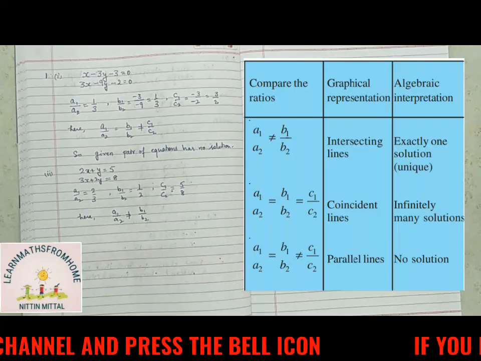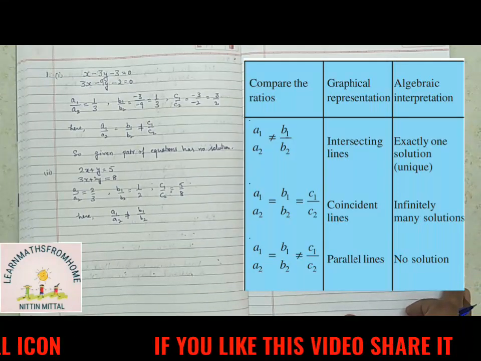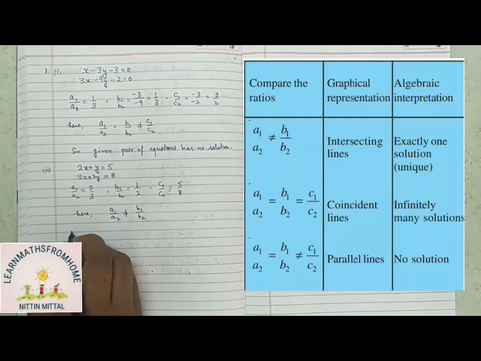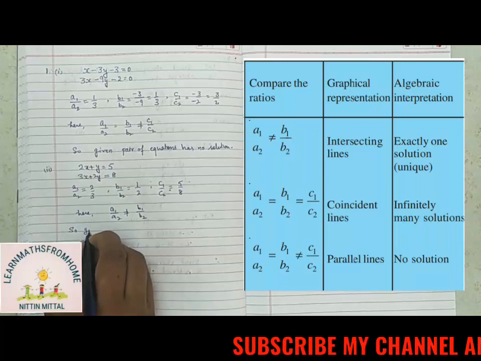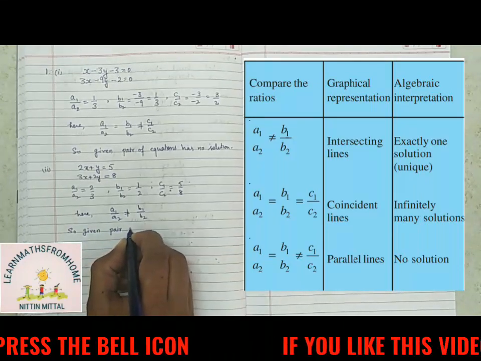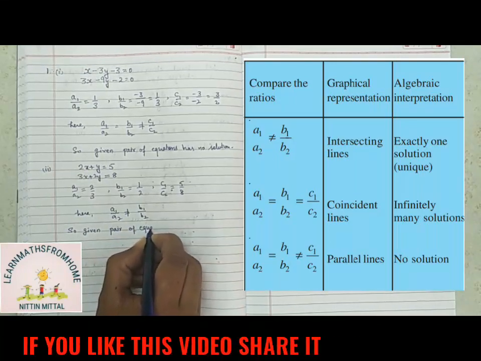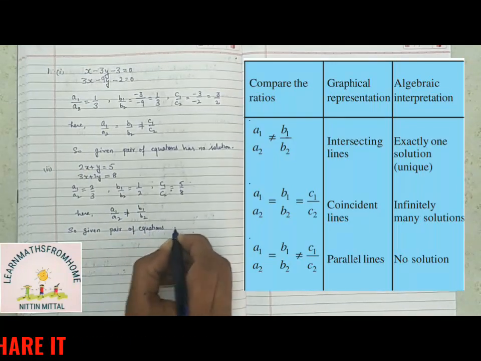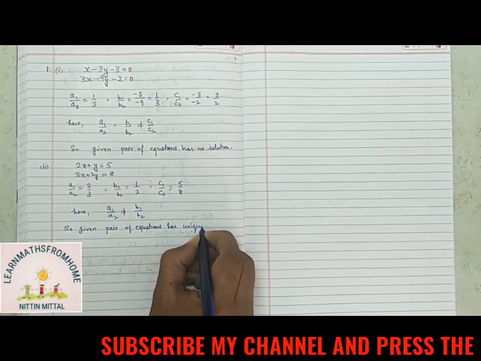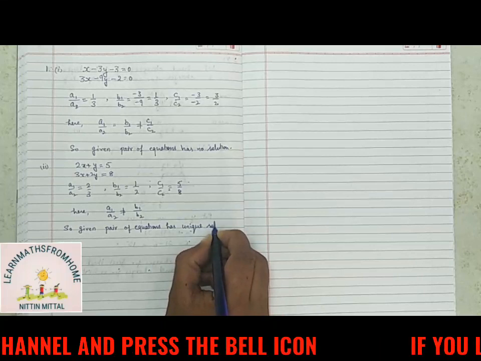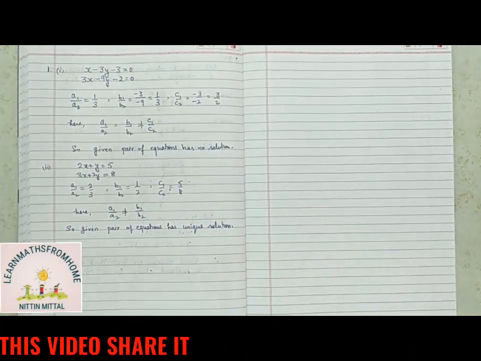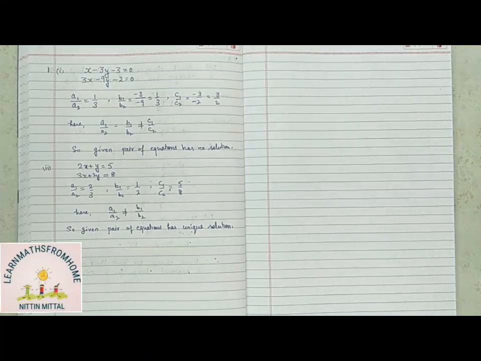So now we will write: given pair of equations has unique solution, and as it has a unique solution, we have to solve further. We have to apply the cross multiplication method.